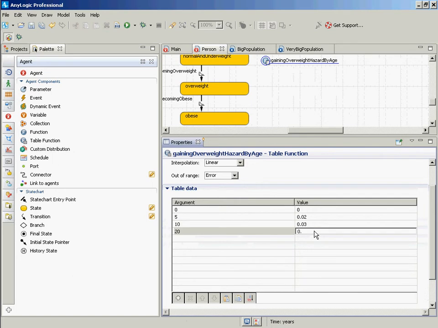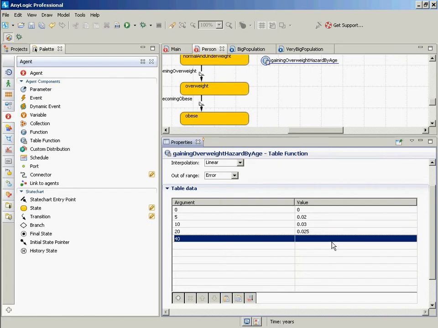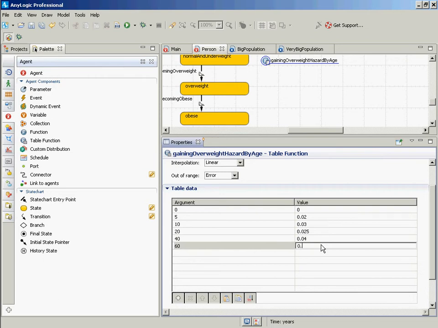I'm just trying to give some sense of how you might put together a function here. Into their 40s, maybe it would be 0.04 per year, something like that. Just putting in some numbers here. Up here, 0.05 per year. The hazards of old age and its depredations bring a weight gain for many.